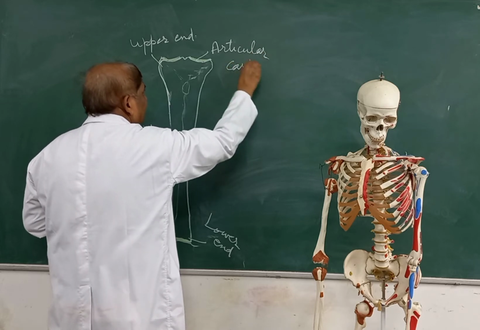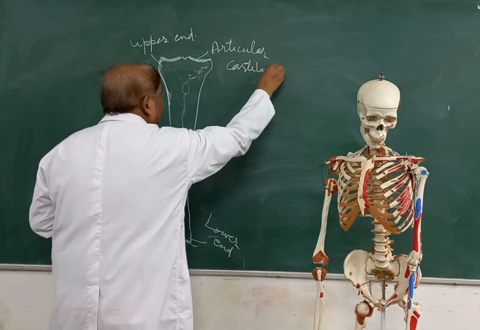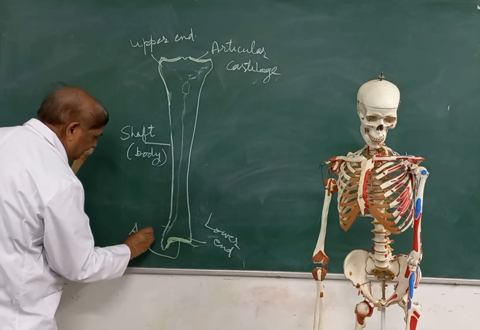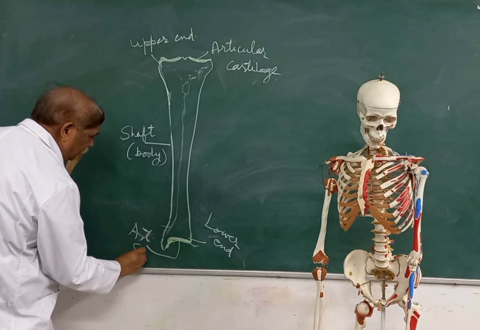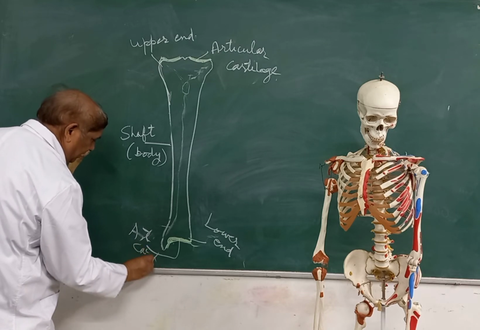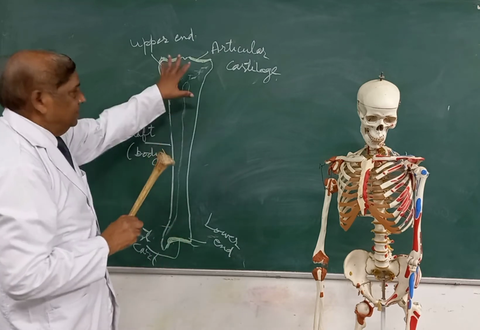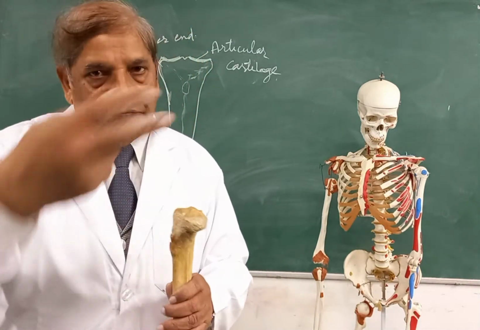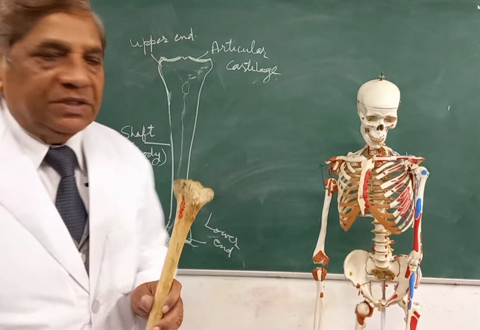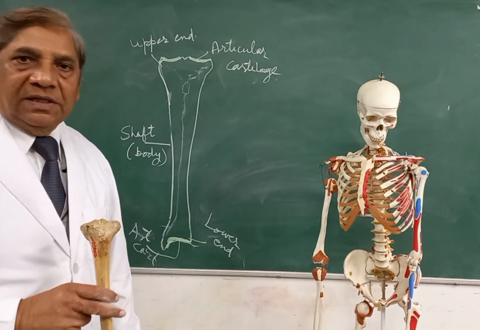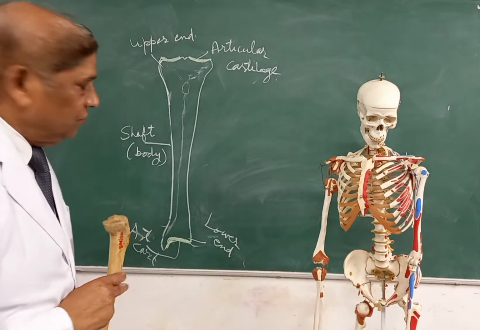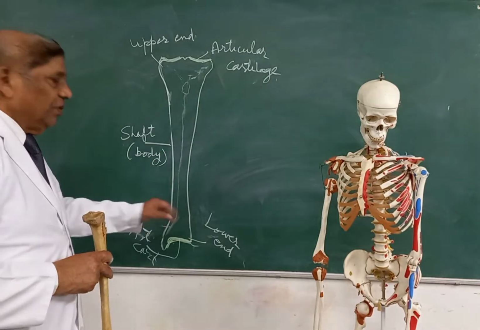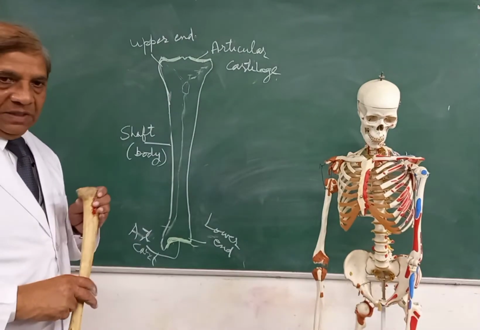So this is called articular cartilage at both the ends. This is the articular cartilage of the lower end. They are just covering the ends, which will come in contact with the other bone, for various purposes, which I will tell you when I teach you the general aspects of the joint. So the ends are covered by the articular cartilage.